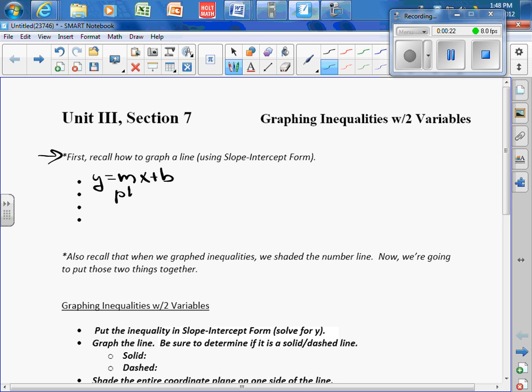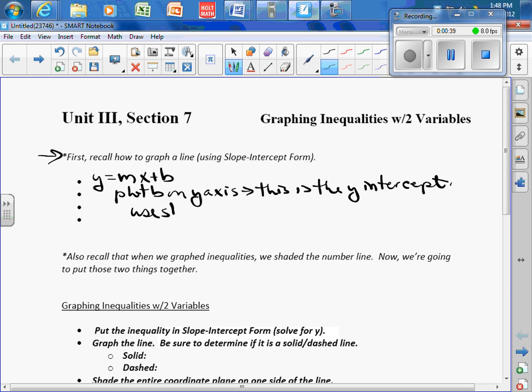Second thing you're going to do is plot b on the y-axis because this is the y-intercept. From there, you're going to use the slope, rise over run, to plot more points. And then from there, you can draw the line.